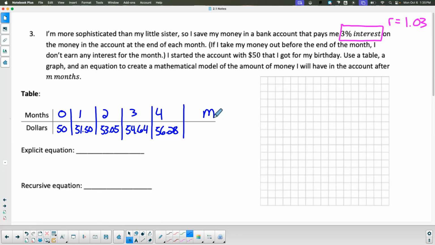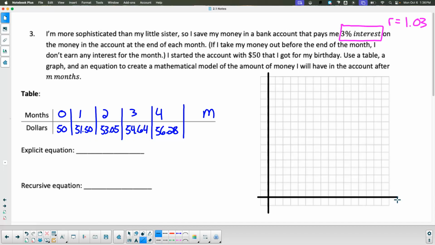Okay. With me on this one so far? Okay. All right. Graph it. Months, and money, right?